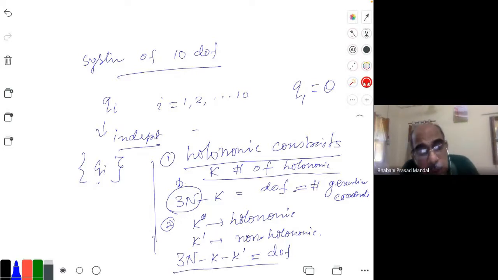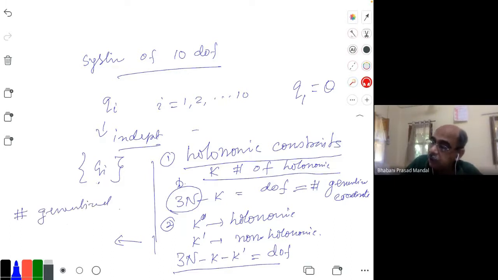Degrees of freedom is always the total degrees of freedom when free minus the number of independent constraints, whether holonomic or non-holonomic, both counted. But the number of generalized coordinates in this case will be 3n minus k. You understand?